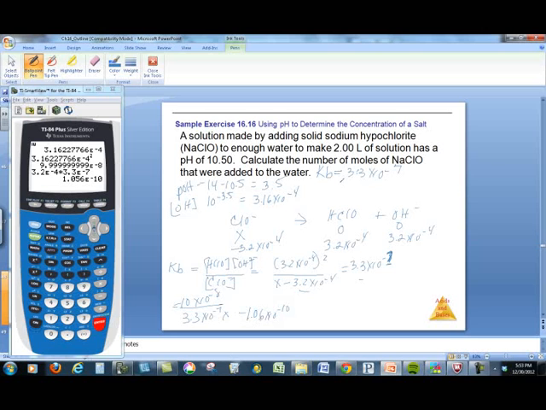See why it's sometimes eliminated? It's just such a tiny number, it's going to be insignificant.